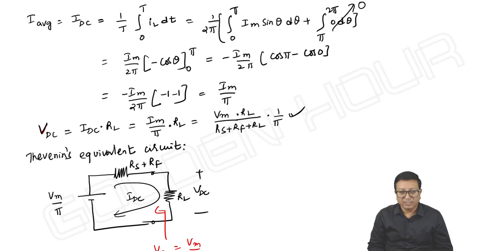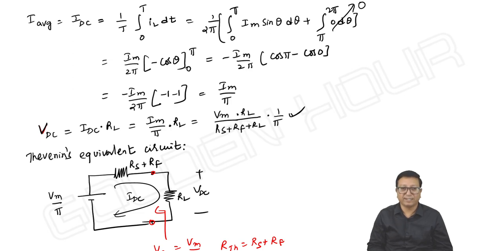And the resistance looking into this circuit excluding RL, what is the resistance looking into RL? That is RS plus RF. RTH is equal to the secondary winding internal resistance RS plus the diode forward resistance RF.